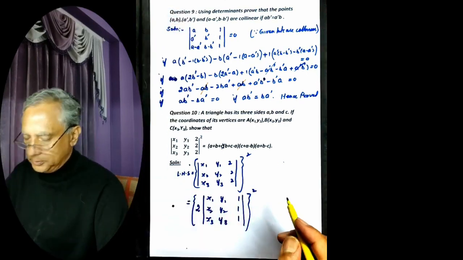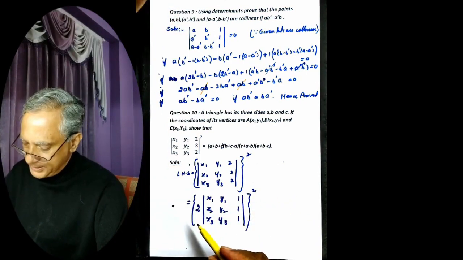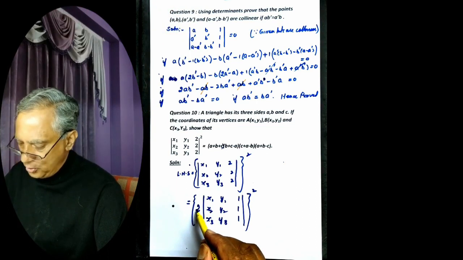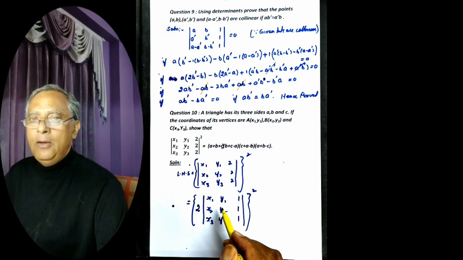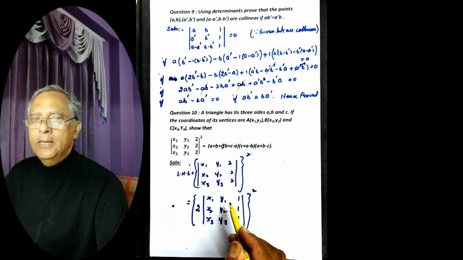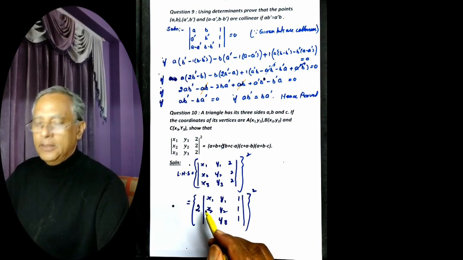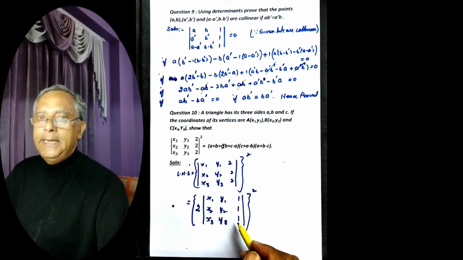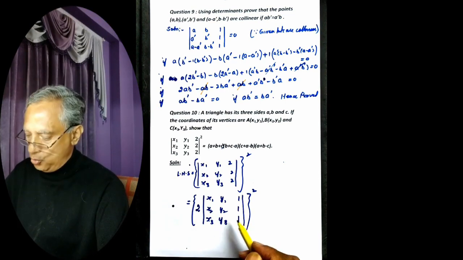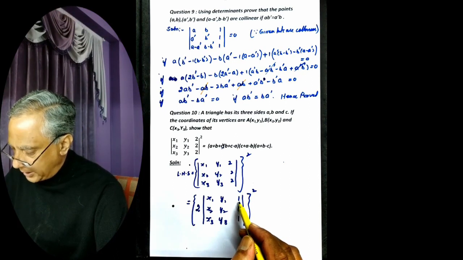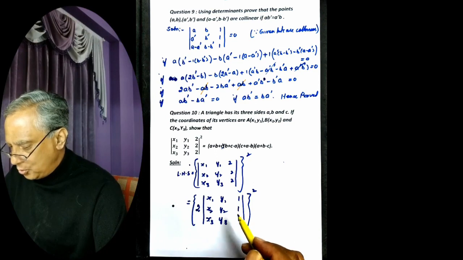whole square. Now here what we see is, if we want to multiply this determinant by 2, I will multiply any one row or any one column by 2. So here we multiply the column C3 by 2. So multiply this column by 2. What we get is, we will get 2, 2, 2.